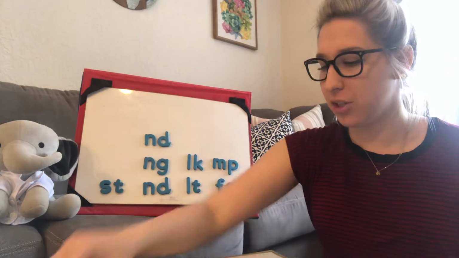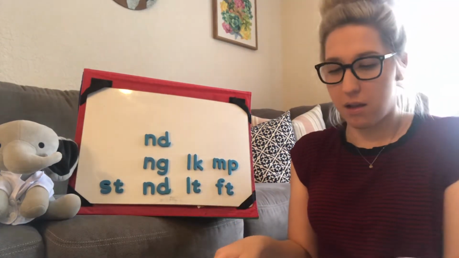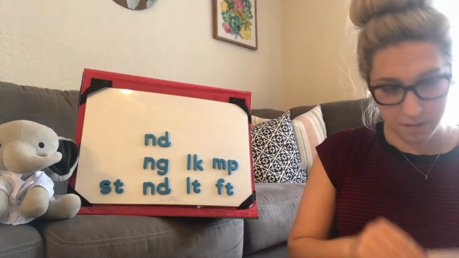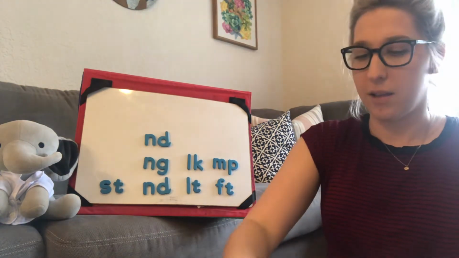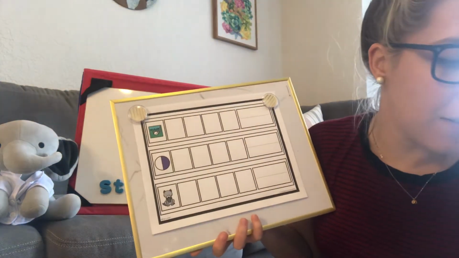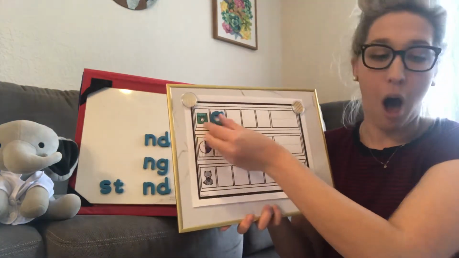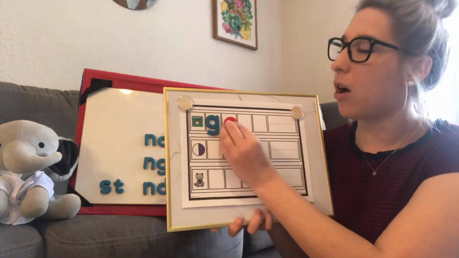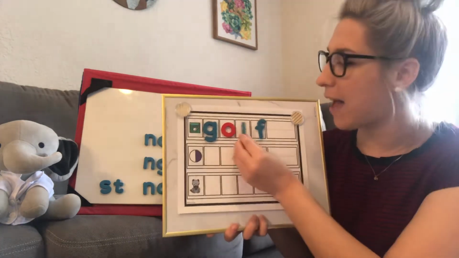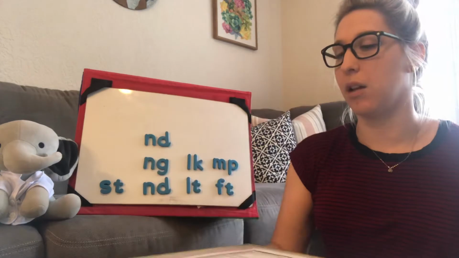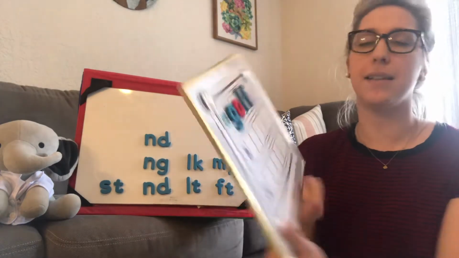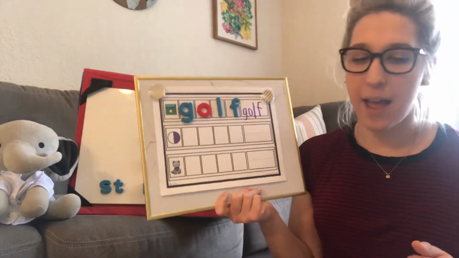Okay, let's try our next set with the olf. We like to play golf. So what's our first sound? G, olf, golf. That F sound at the end is really strong. We don't want to forget that. Golf. Next, I have half.